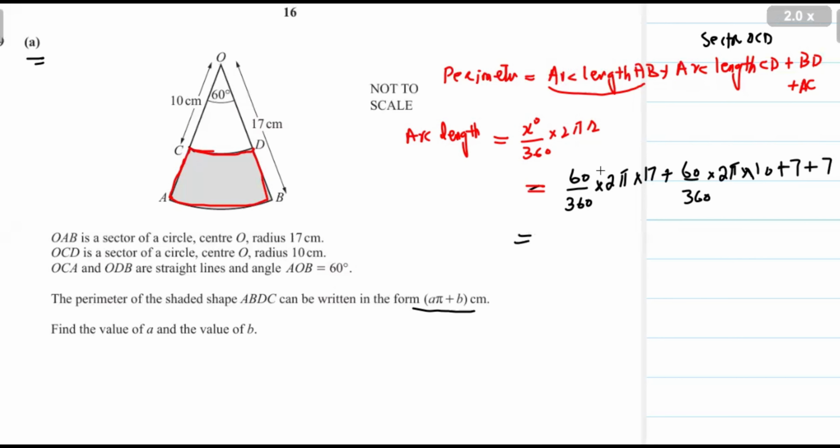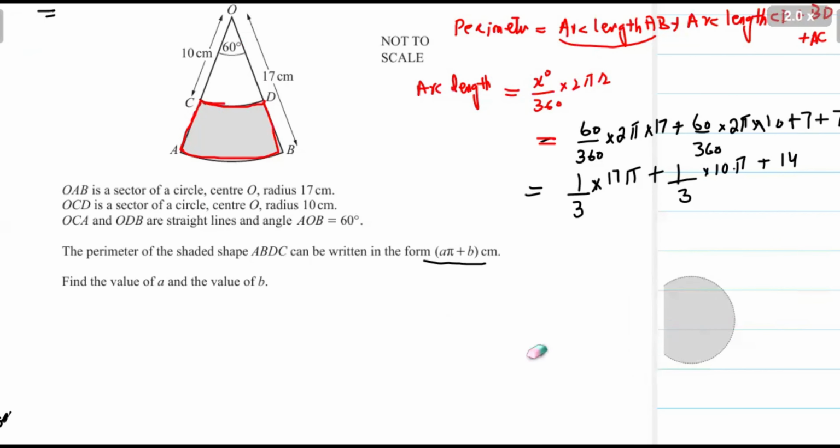Now we can calculate this. 60 times 2 is 120, 120 over 360, that's equal to 1 over 3 into 17 pi plus 1 over 3 into 10 pi plus 14. And this will be equal to 17 pi plus 10 pi, that's 27 pi over 3 plus 14.